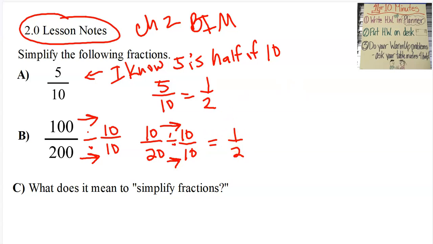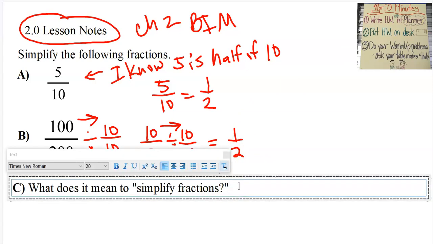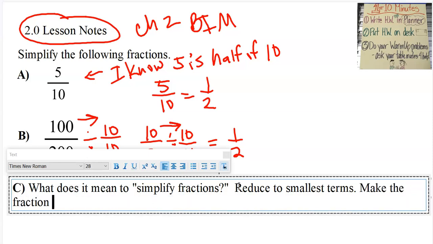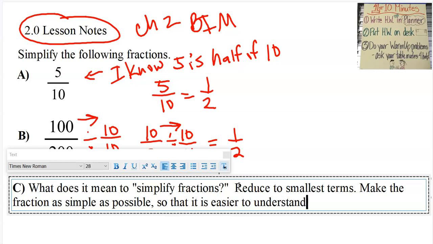So what does it mean to simplify fractions? Well, some people use the fancy math words "reduce to the smallest terms." But here's how I think of it. You want to make the fraction as simple as possible so that it is easier to understand, right?